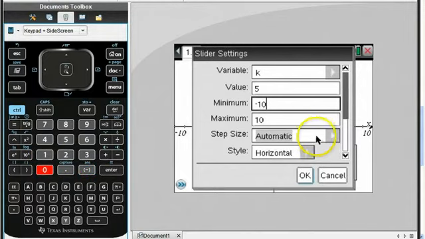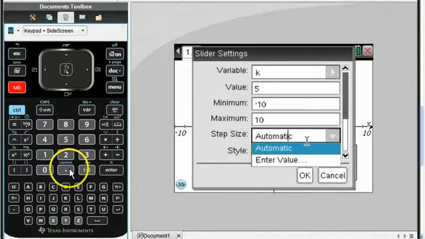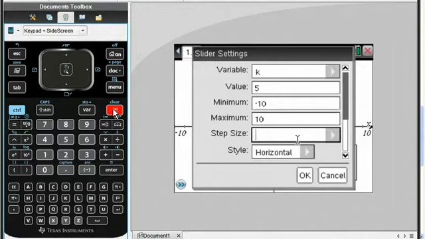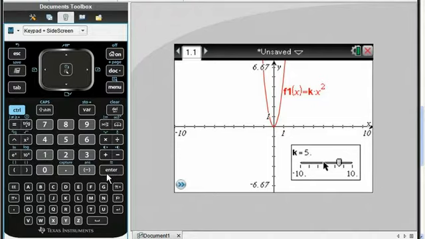Now step size, if I tab down here, is basically asking what increments you want it to change by each time. Let's do it by 0.5. And just go ahead and hit enter a couple times so that box is gone.